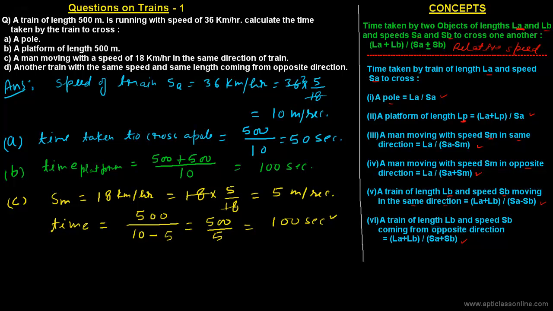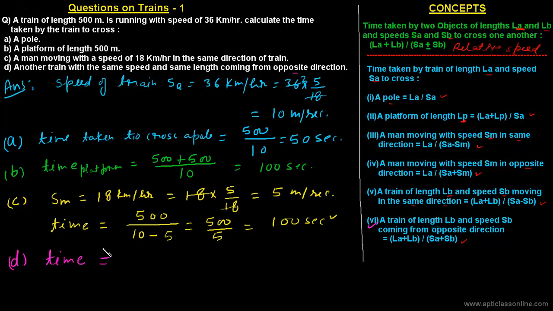Then for part D, another train: the previous train has to cross another train with the same speed and same length coming from the opposite direction. That direction is important. Since the length and speed of the other train are the same as the previous one, the time to cross in case D, it is coming from the opposite direction, so we will apply this particular formula.